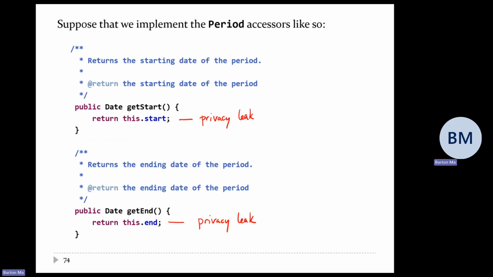If you have accessor methods, so if you have a method that returns the start time or the end time, you cannot directly return a reference to the start time or the end time. These are all the examples I've been talking about. These are all examples of privacy leaks. You're releasing information that you shouldn't be. So you can't just return the start time, you have to return a copy of the start time.